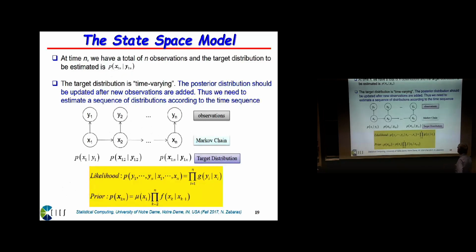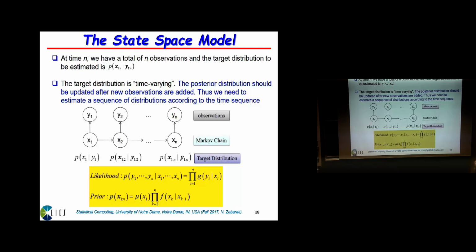Okay, so the state space model. This is what we want to compute. The objective is to compute the probability of x_1 to n given the observations y_1 to y_n, for all n.